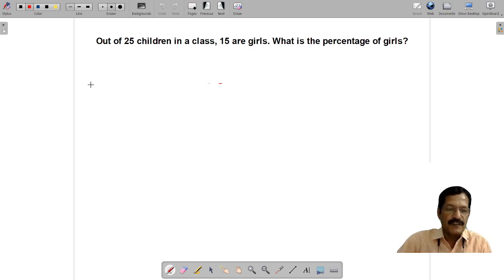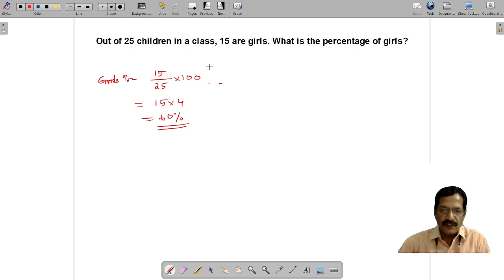So girls percentage is equal to number of girls 15 divided by total number 25 into 100. Now we can simplify it. 25 divides 100 four times. So it is 15 into 4, and that is equal to 60%.